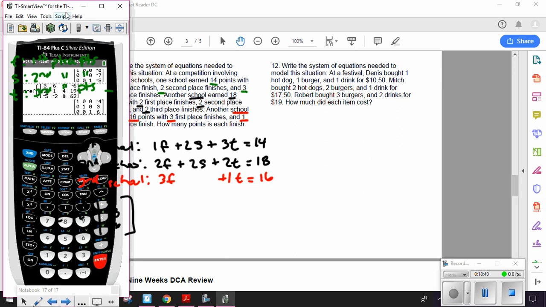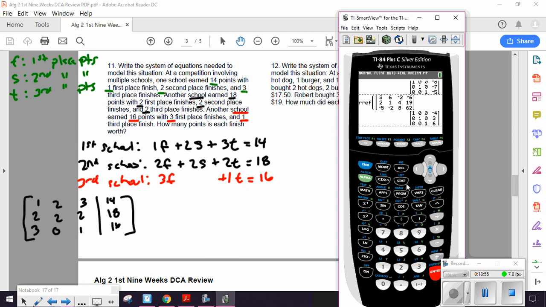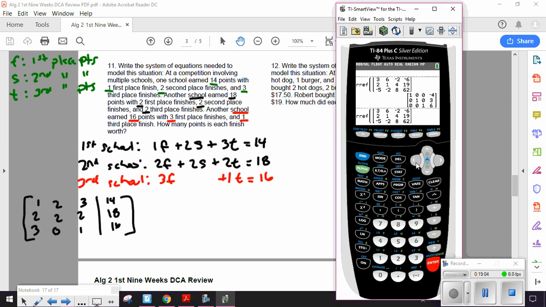Now we can grab our calculator. This also has 3 rows, 4 columns, so I can copy and paste it down without going through all the keystrokes. All right, so this becomes 1, this becomes 2, delete in 3, then this is 14, then that 2 is fine.